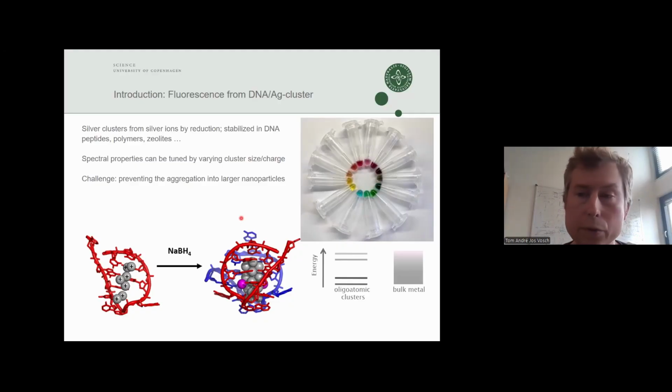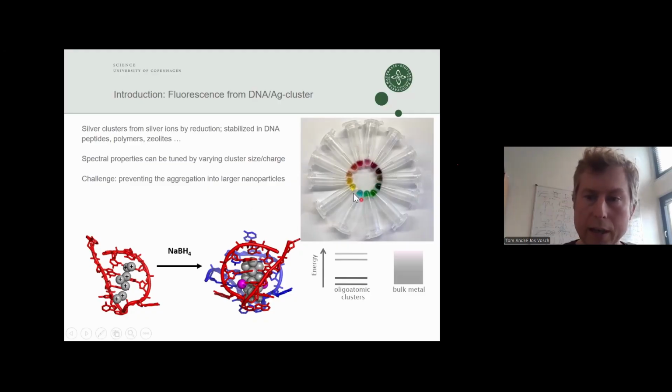Now, people have used many different types of ligands. You can use peptides, polymers, zeolites, and also DNA. It just turns out that DNA is quite a suitable scaffold to control the size and the shape and the charge of these silver nanoclusters.